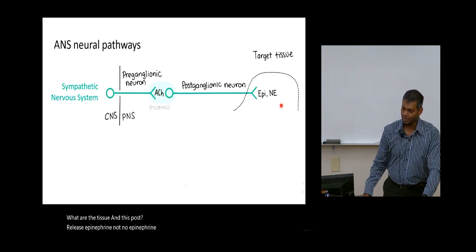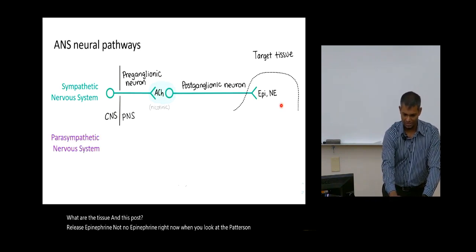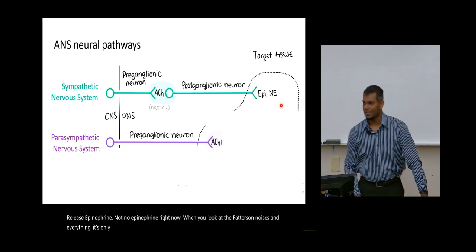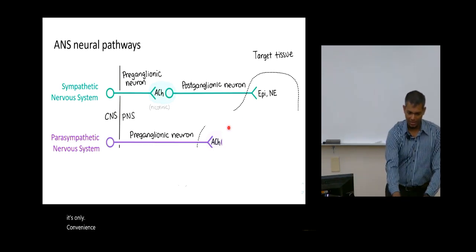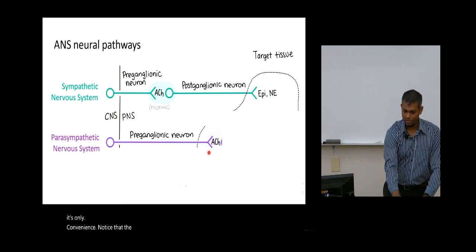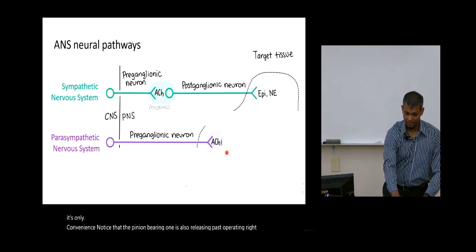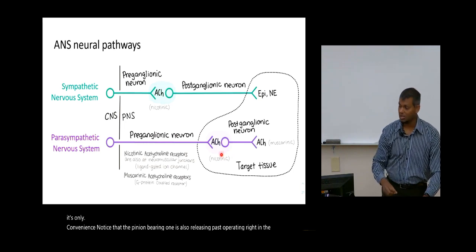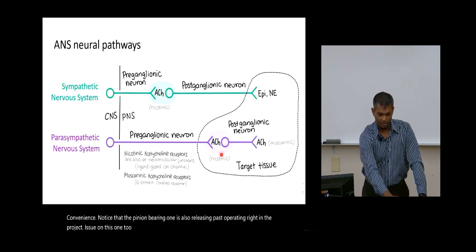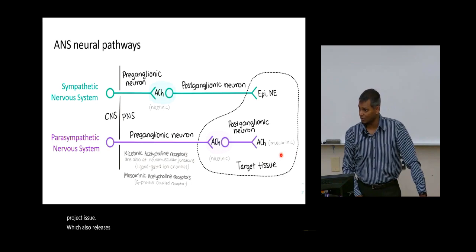Now, when you look at the parasympathetic nervous system, it's shown here in purple for your convenience. Notice that the preganglionic neuron is also releasing acetylcholine, and there's also a postganglionic neuron which also releases acetylcholine.